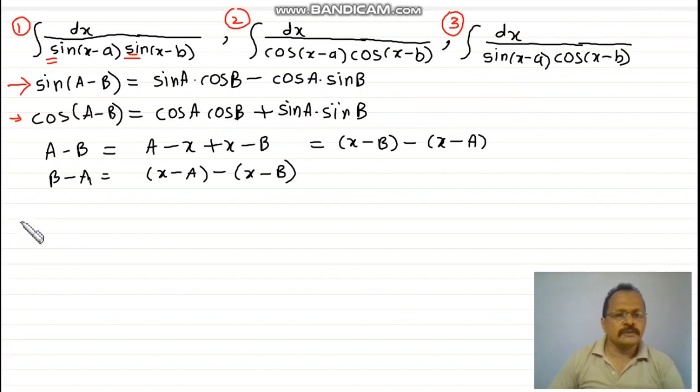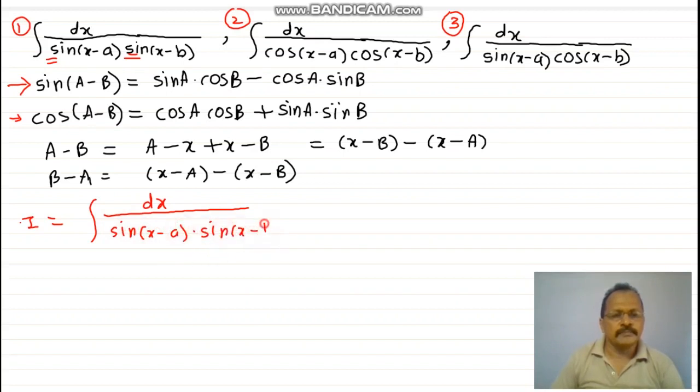The first one, I equals integration dx upon sin(x minus A) into sin(x minus B). You can multiply and divide by a constant thing.